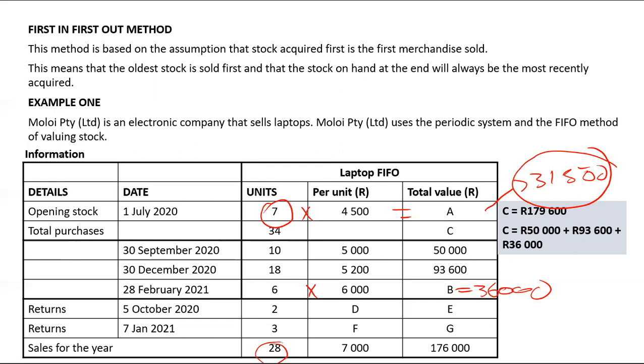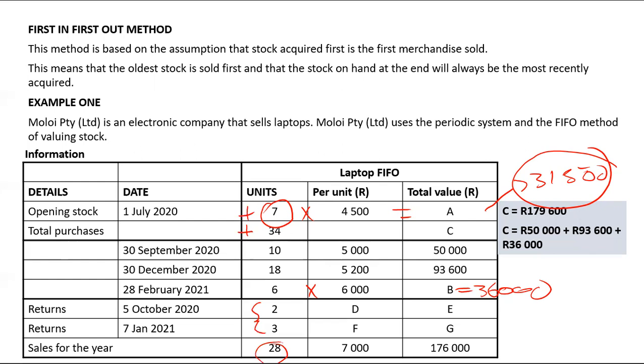In total, when you take the 7 units that we had from last period, plus 34 units that we purchased, and minus those 5 that we returned, stock available to be sold will be 7 plus 34 minus 5. It'll be 36, but we only sold 28. It means that on hand we have 8 items that were not sold.